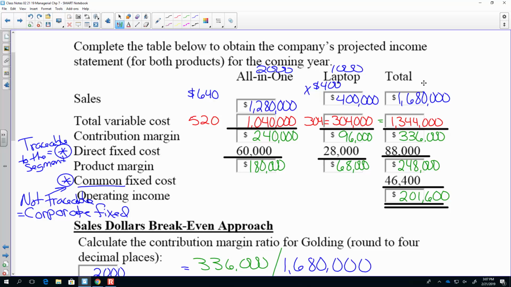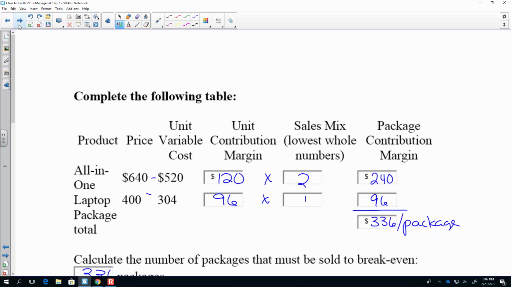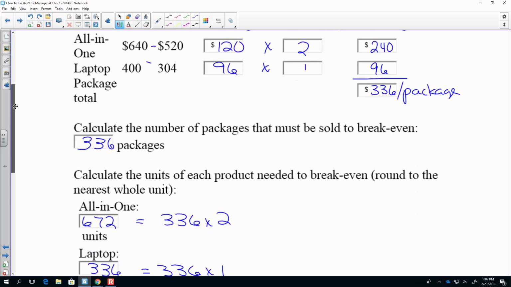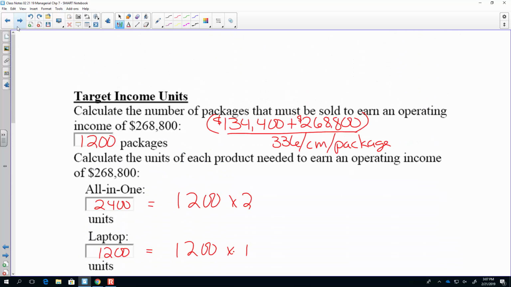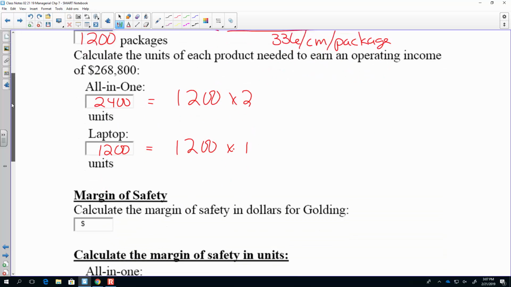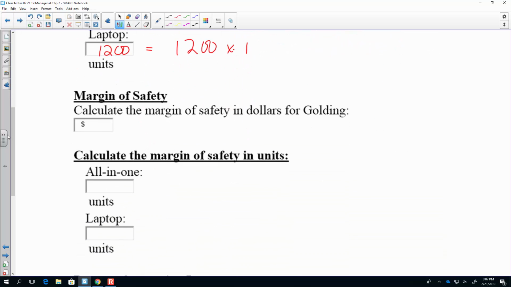So we're at 1.68 million, right? If we sell 2 and 1. Mhm. And the break even was how much? Was that the 672?